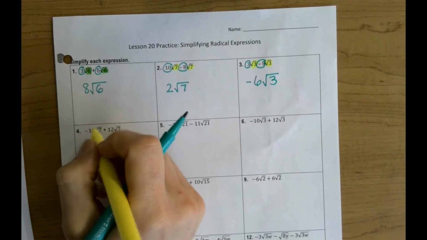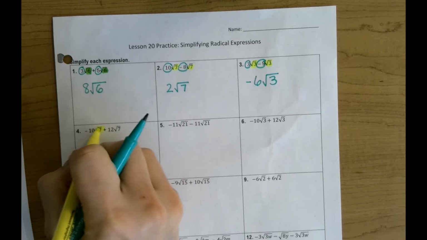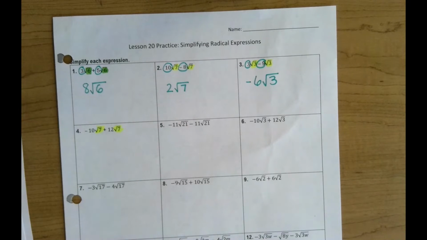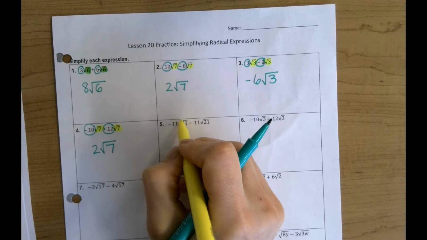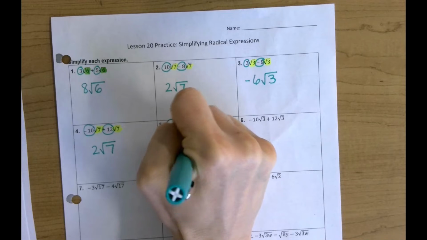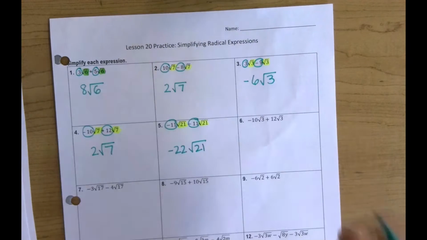Over here, number 4, same radicand, square root of 7. So we can do negative 10 plus 12, which is 2, times the square root of 7. We have the square root of 21, so we can combine like terms. Negative 11 minus 11 is negative 22, times the square root of 21.